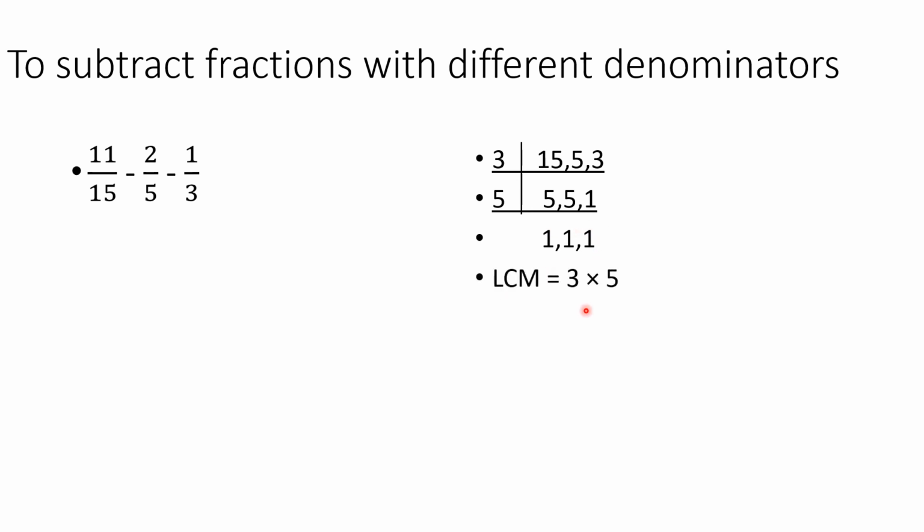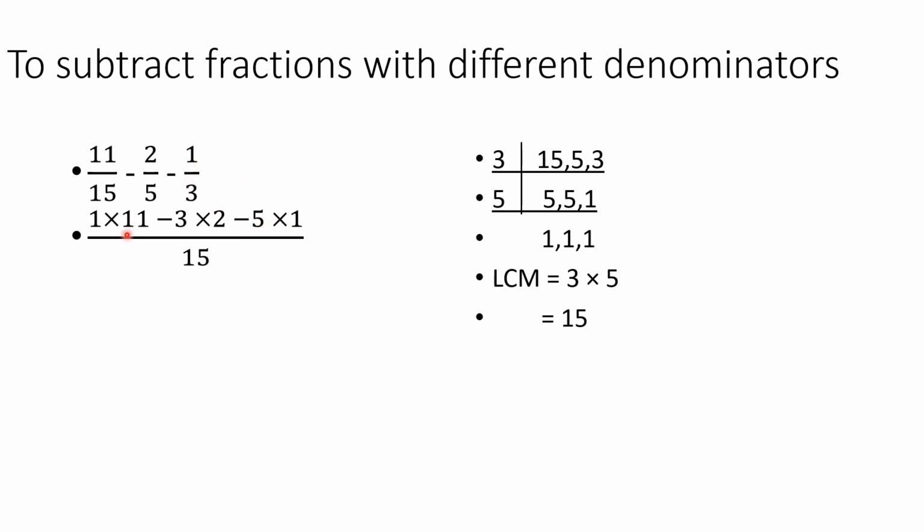So our LCM will be 3 5s are 15. So this 15 will be our new denominator. So we will write 15 in the denominator here. And now 15 divided by 15 equals to 1. So 1 multiply by this numerator 11, minus 5 3s are 15. We will write 3 here multiply by this numerator 2, minus 3 5s are 15 multiply by 1.